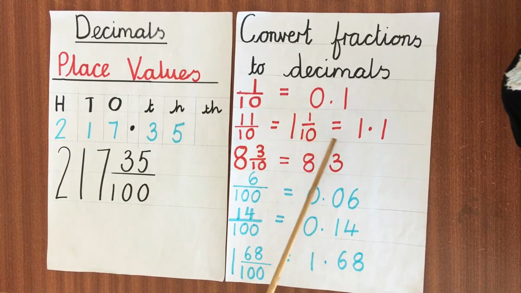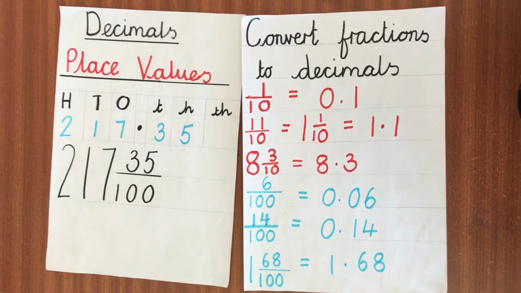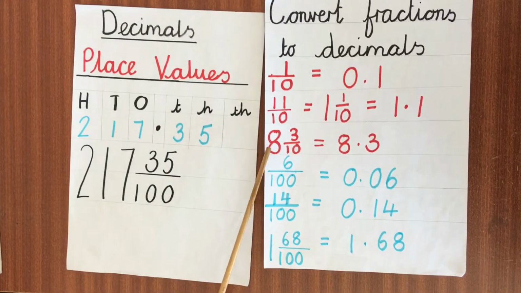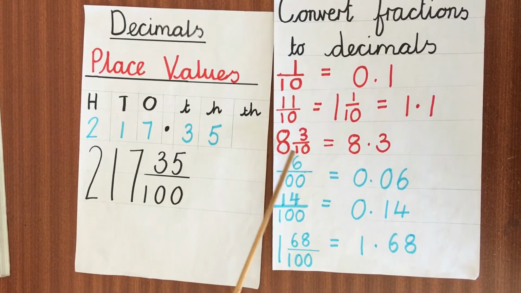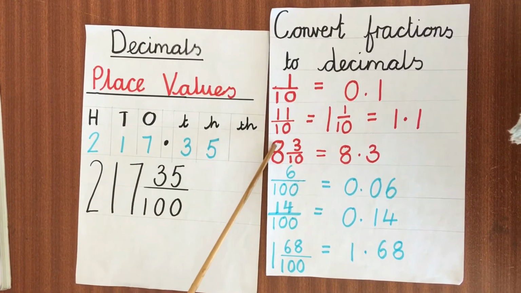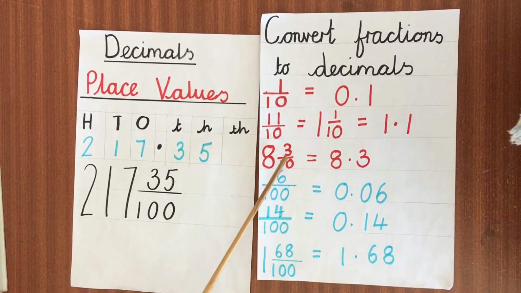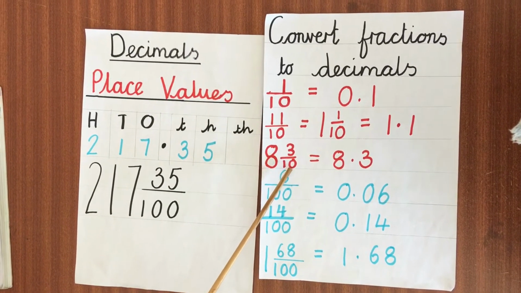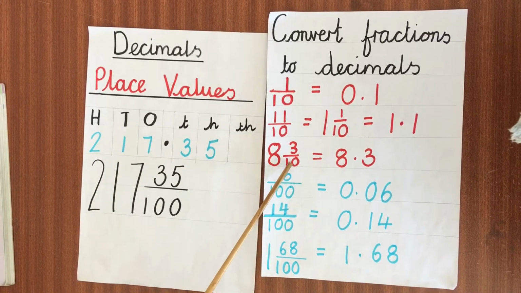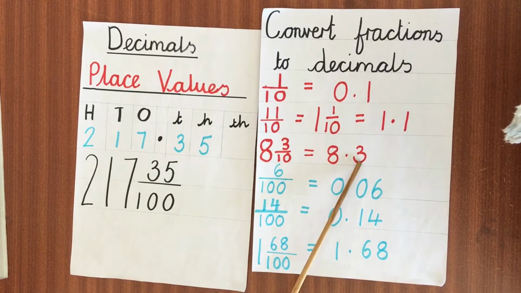So the answer will be 1.1. Now, where you have a mixed number, 8 and 3/10, the 8 is a whole number, so it comes in the ones. 3/10 is a tenth, so the first value after the point, so it will be 8.3.